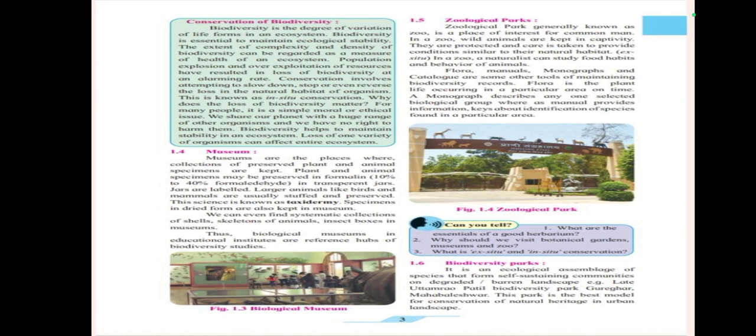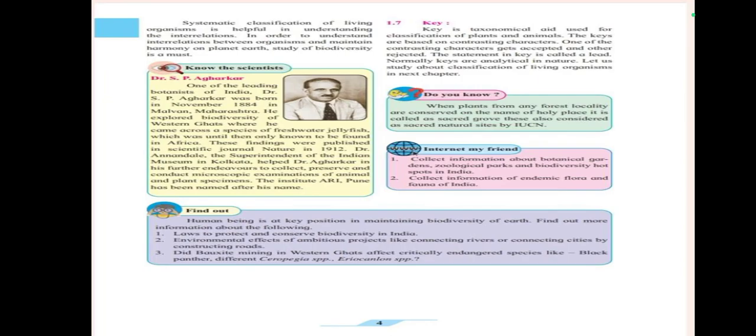This park is the best model for conservation of natural heritage in urban landscape. Systematic classification of living organisms is helpful in understanding the interrelations. In order to understand interrelations between organisms and maintain harmony on planet Earth, study of biodiversity is a must.